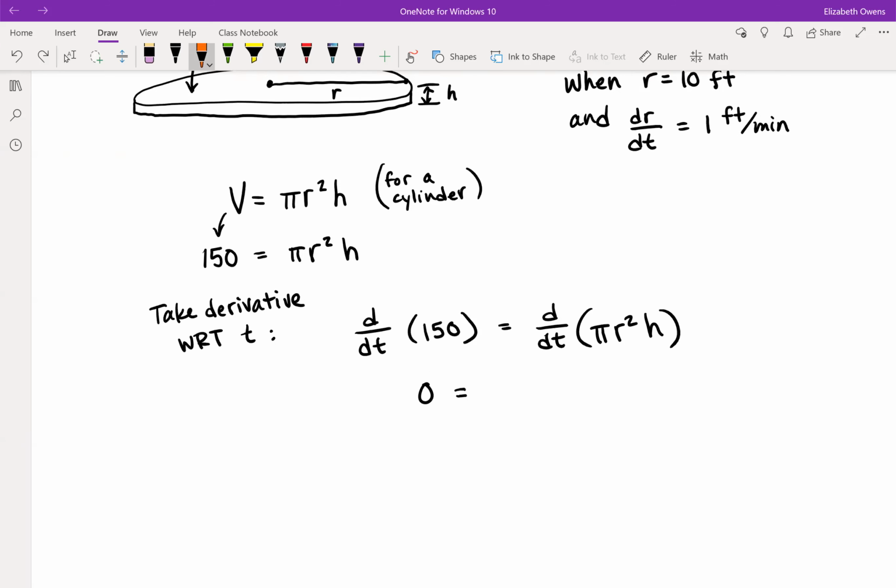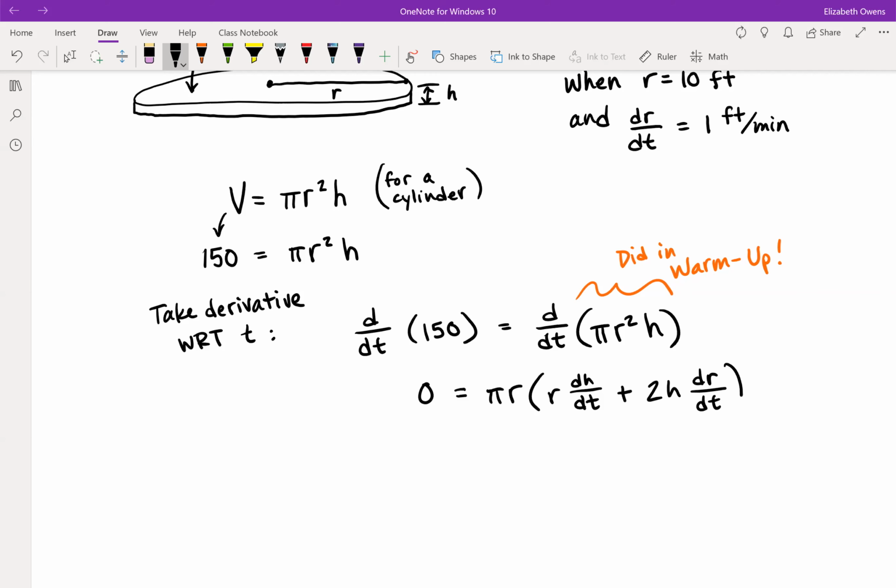There it is. So this part we did in the warm-up. Okay, so we can put our pi r, and then we had r dh/dt plus 2h dr/dt.